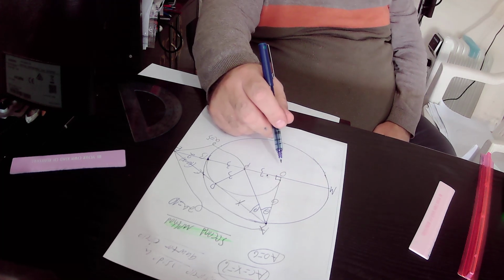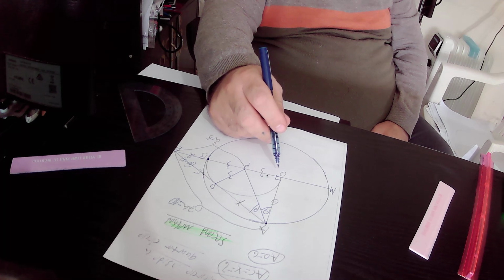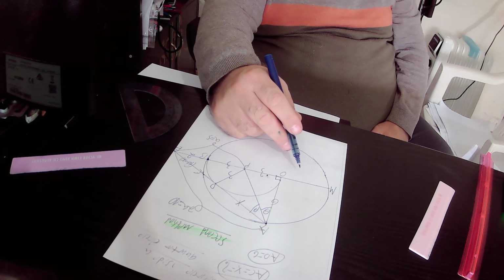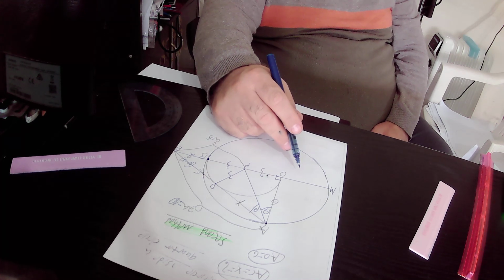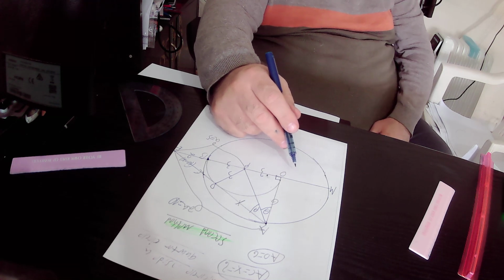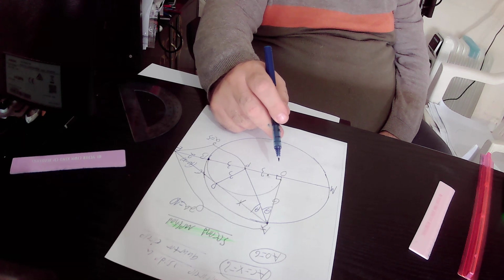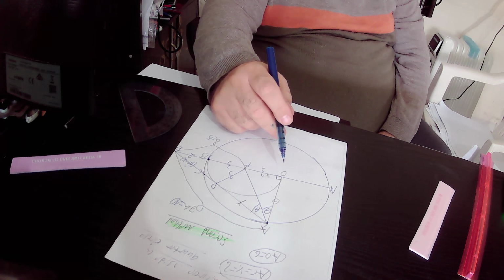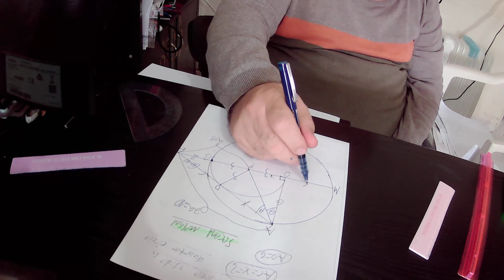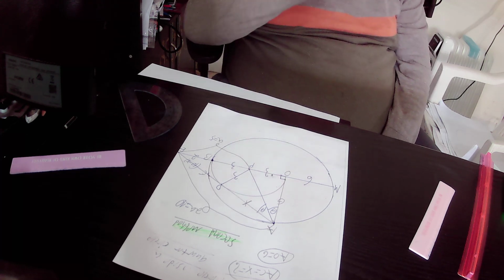O is the center of the circle and also the center of the quarter circle, and M is a point on the circle itself. And this is exactly the definition of a radius. That is to say, MO is the radius of the quarter circle, that is also the radius of the circle, that is equal to 6 units. So MO equals 6 units.